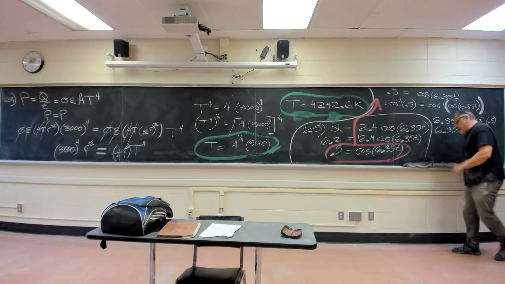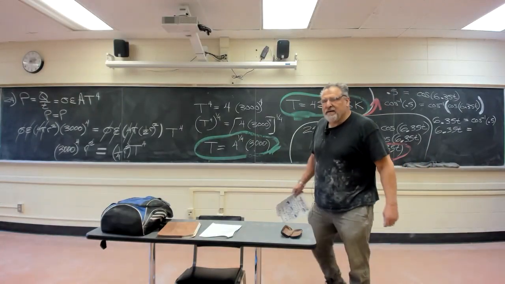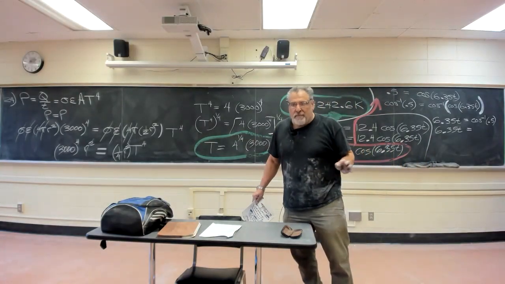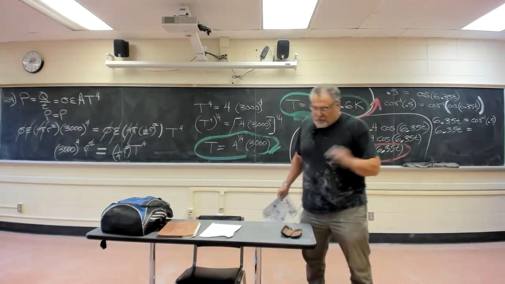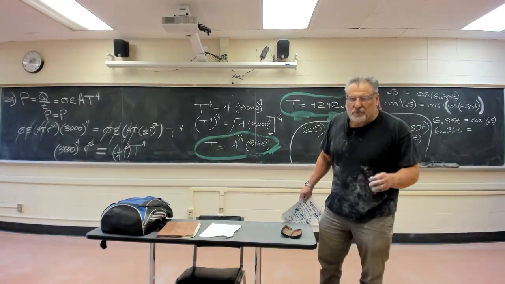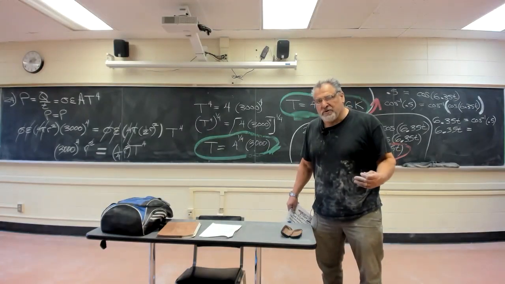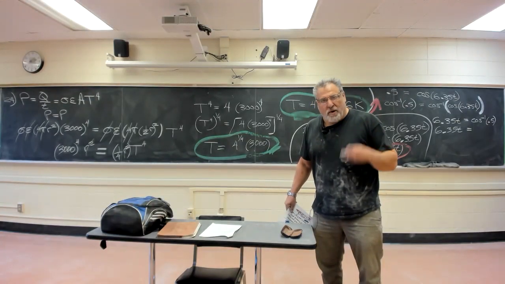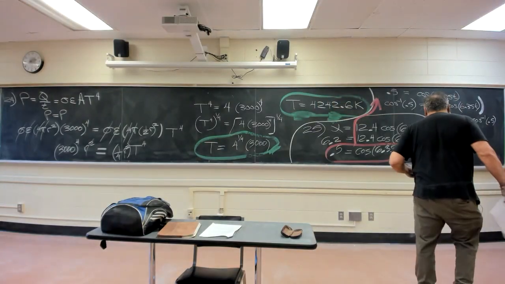The inverse cosine of 0.5 is actually 60 degrees in degree measure. Let's put it this way: the cosine of 60 degrees is 0.5, so the inverse cosine of 0.5 comes from 60 degrees. 60 degrees is 1/3 of pi.